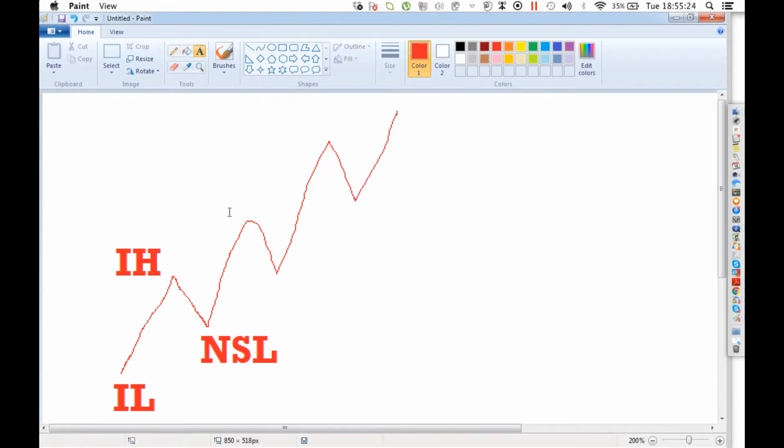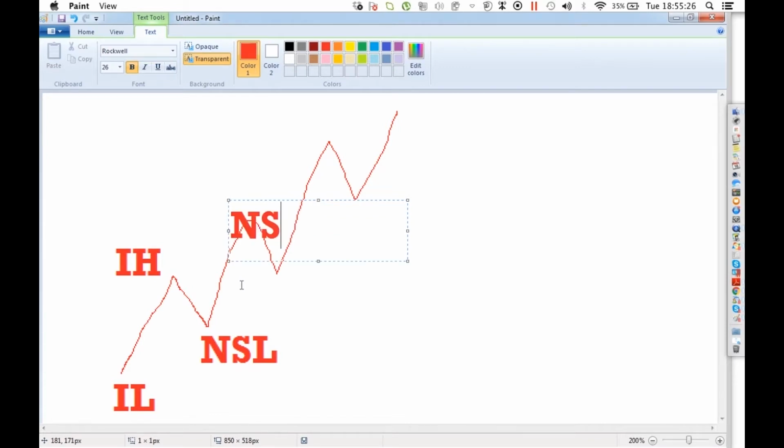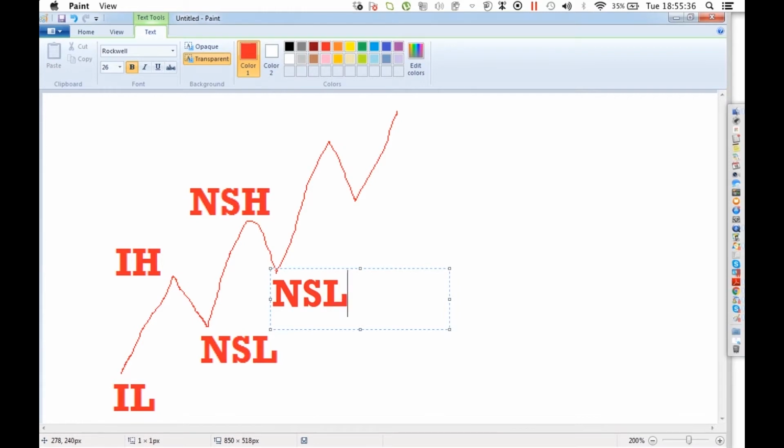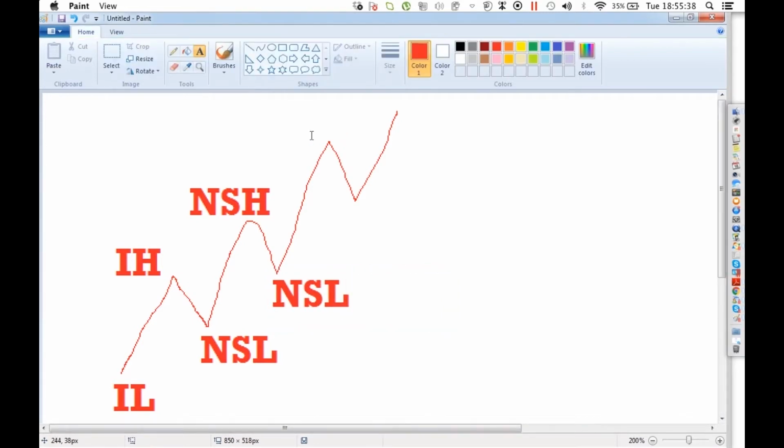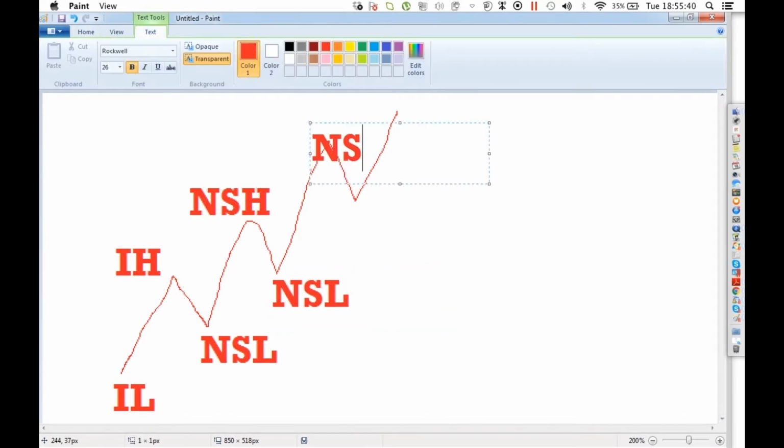Now we have a new structure high, because this is a different high now, right? And the market comes down again. This is known as a new structure low, and this is known as a new structure high.